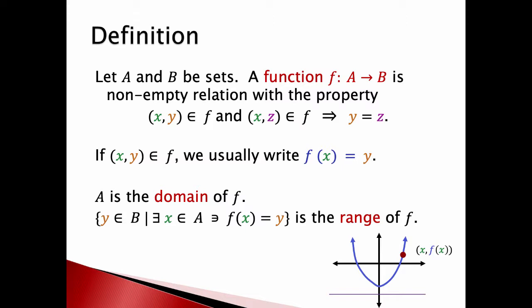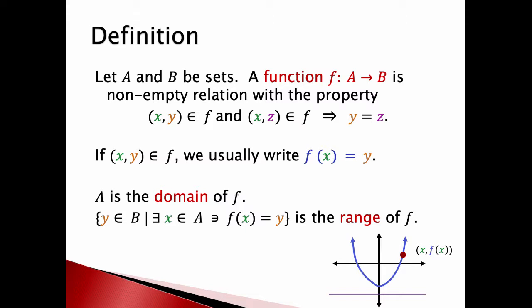Now, sometimes it might be a little confusing because we talk about the range, and we also have this A and B that we've drawn in here. At the very beginning, we said a function f from A to B. That A was always the domain, and then this B is just left hanging out there. Sometimes people call that a codomain or give it other names, but the idea is it makes it simpler when we talk about a function to not have to require that the B be exactly the range.